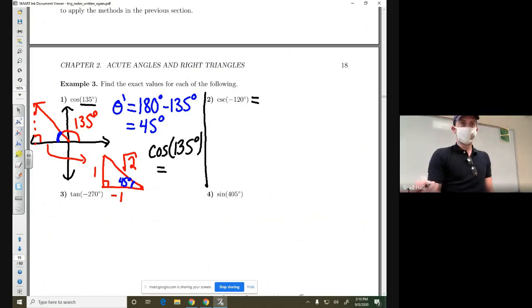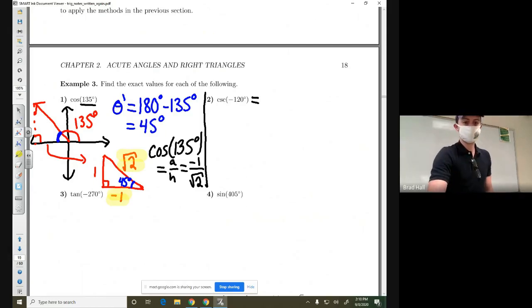Cosine is adjacent over hypotenuse, and that is now -1 divided by the square root of 2. Adjacent is the -1 and the hypotenuse is square root of 2. And that would be the final answer.